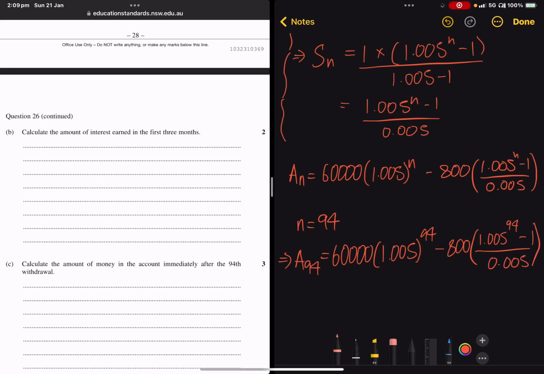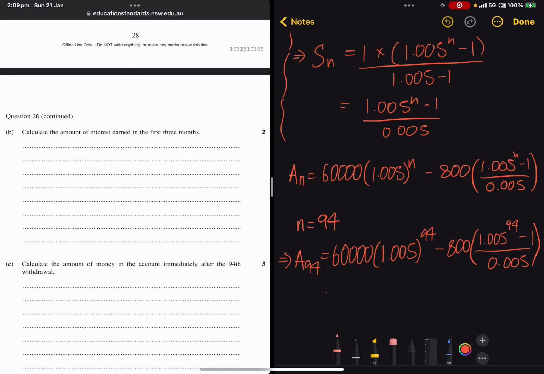So now I'm just going to calculate this whole thing: 60,000 times 1.005 to the power of 94 minus 800 times 1.005 to the power of 94 minus 1, all divided by 0.005.